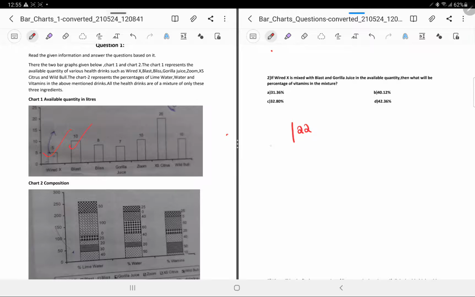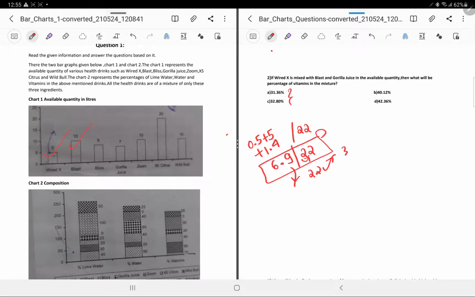For Wired X, the percentage of the vitamin is 10%, so this is 0.5. For Blast, it is 50% of 10, this is 5 plus. Then for Gorilla, that is 20%, that is 1.4. So that would be nothing but 6.9 divided by 20. And you could easily calculate the percentage from here. 2.2, that would be something greater than 30%, because 2.2 times 3 is 6.6, so that would be something greater than 30%.